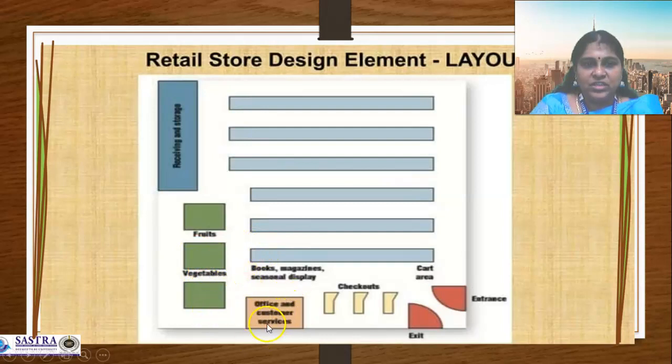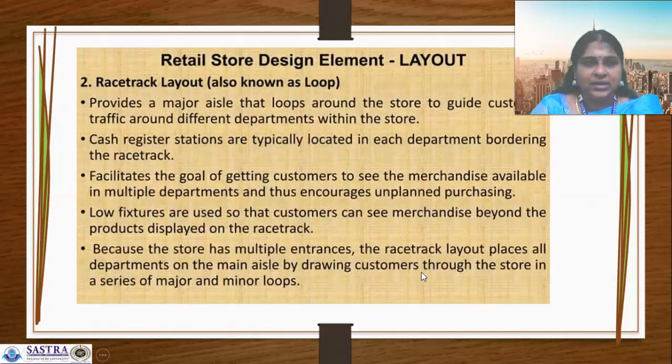This is the office and customer service area. This is the storage unit or the receiving unit which will be available. The books, magazines and seasonal displays will be available, and the cart area is available here. So this is one model layout that you can use.